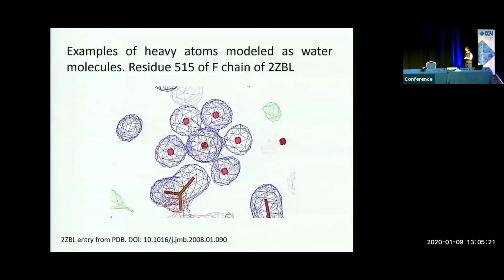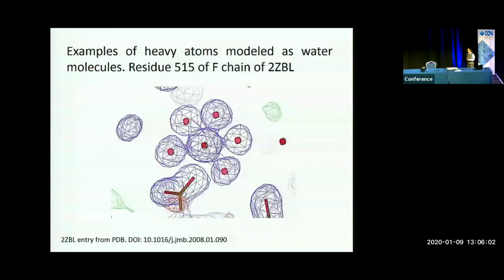Heavier atoms may occur as a result of wrong parameterization, as I said. I mentioned the structure where a thiamine diphosphate molecule was modeled as 10 molecules of water. In this example, you can see a heavier atom with 6 coordinated oxygens, which was modeled as water, but which might be magnesium.